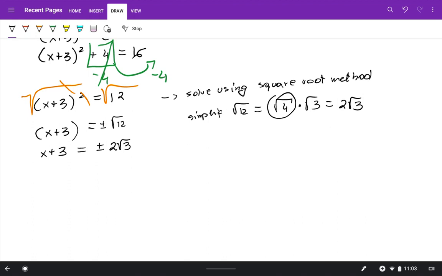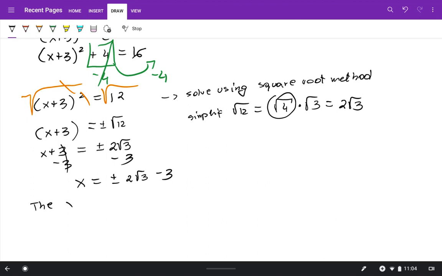And now, to solve for x, you will subtract 3 from both sides and you're getting x equals positive or negative 2 radical 3 minus 3. What that means is that you will have two x-intercepts.